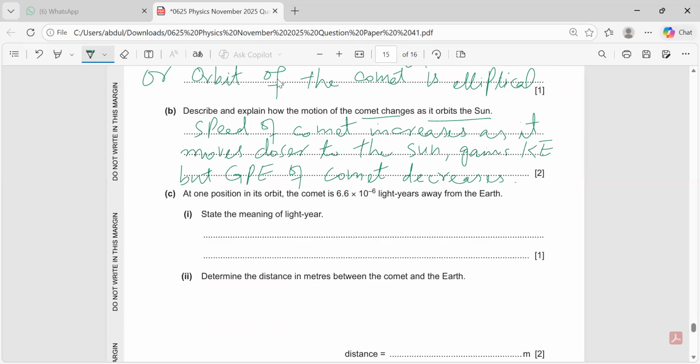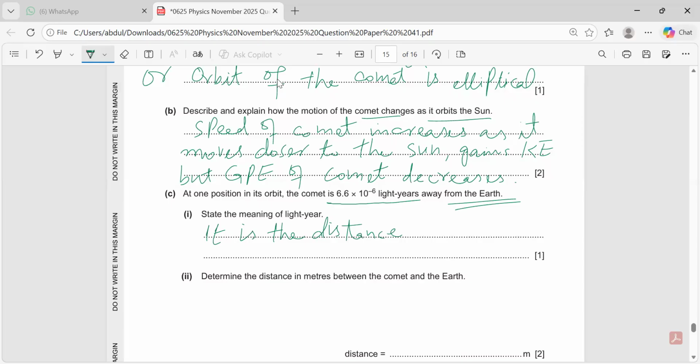That is simple. So now next is, at one position in its orbit, the comet is at this many light years from the Earth. So the distance of the comet is given. State what is the meaning of light year. Many times we discuss, recall memory. A light year is not time. It is the distance, because it is the unit of distance for heavenly bodies which are very far from each other.